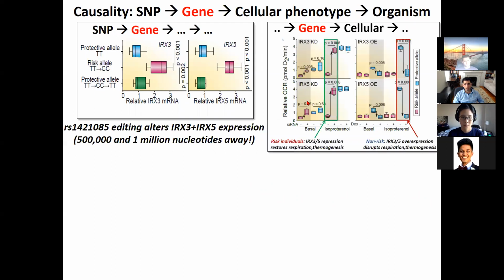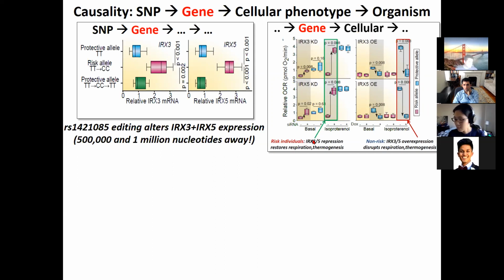And then similarly, by changing the gene through knockdown or overexpression, we can see that if I decrease the expression of a gene, IRX3, upon the knockdown, the downstream cellular consequence is in fact dramatically altered.